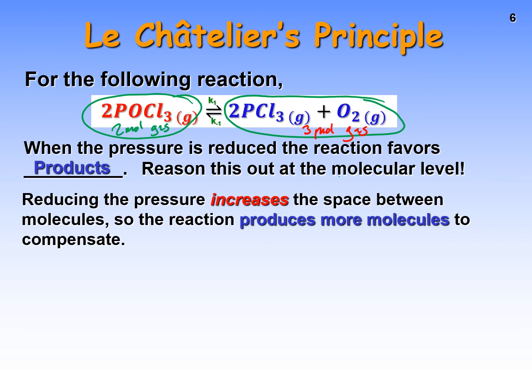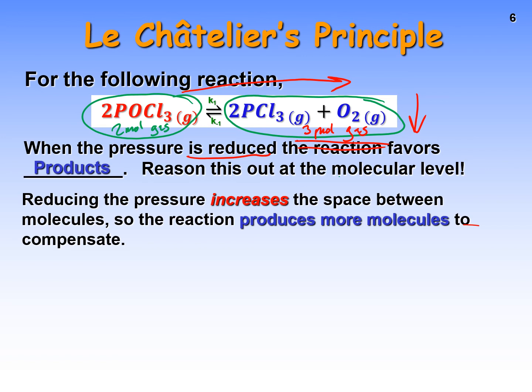Now, when I increase pressure, because I have more gaseous products, I'm really increasing products more than reactants. Or if I reduce pressure, I'm doing the same thing. I'm reducing my products more than my reactants because I have more gaseous products than I have reactants. For this reason, if pressure is reduced, we see a shift towards the product side.